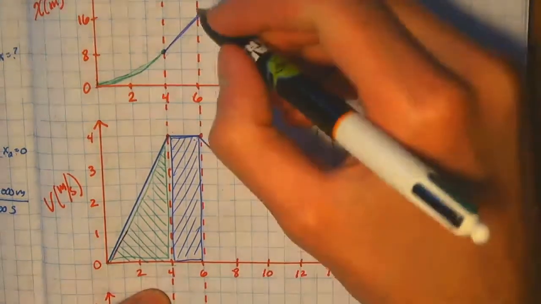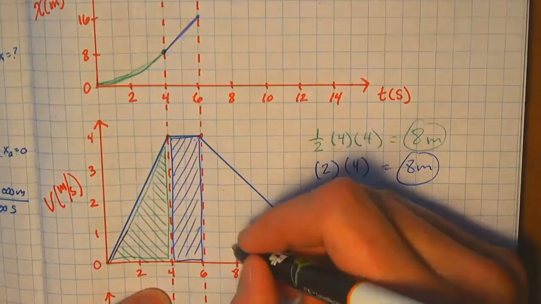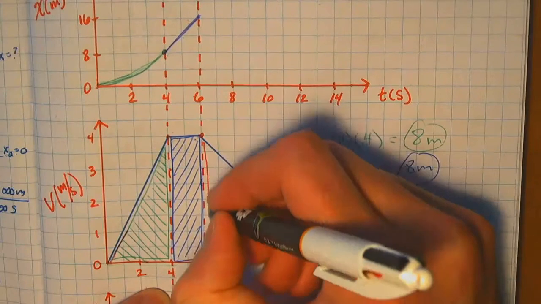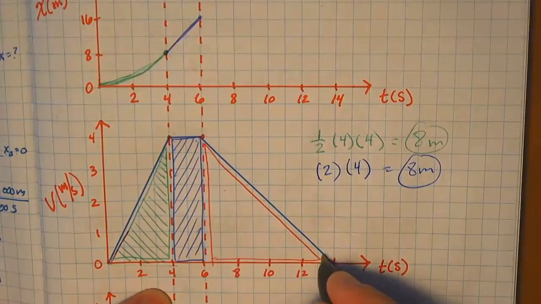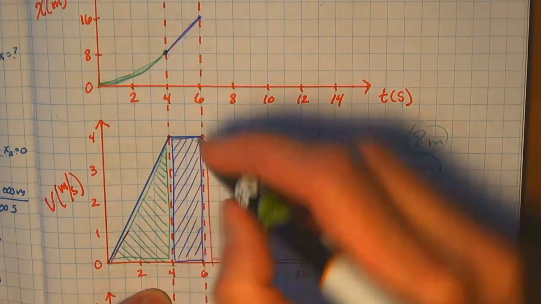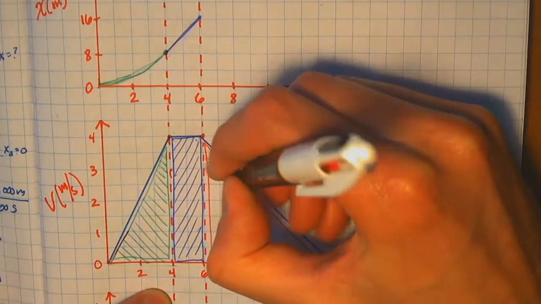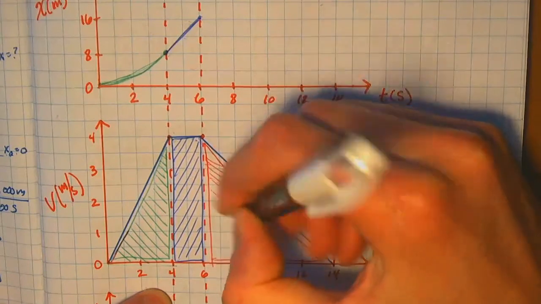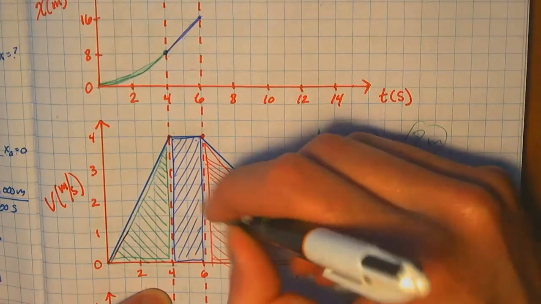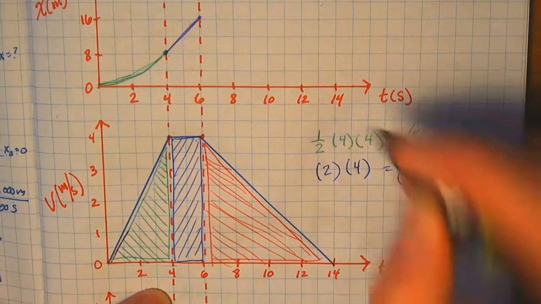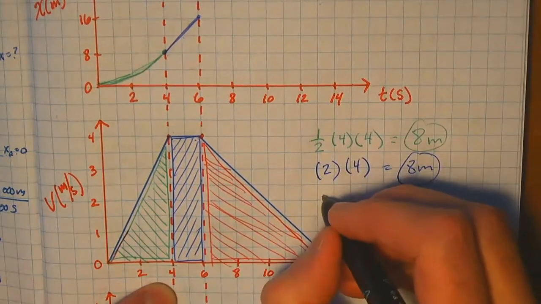Then the last part is, right, it's another triangle here. So we're going to find the area of all of this area. The area of that, it's a triangle again.